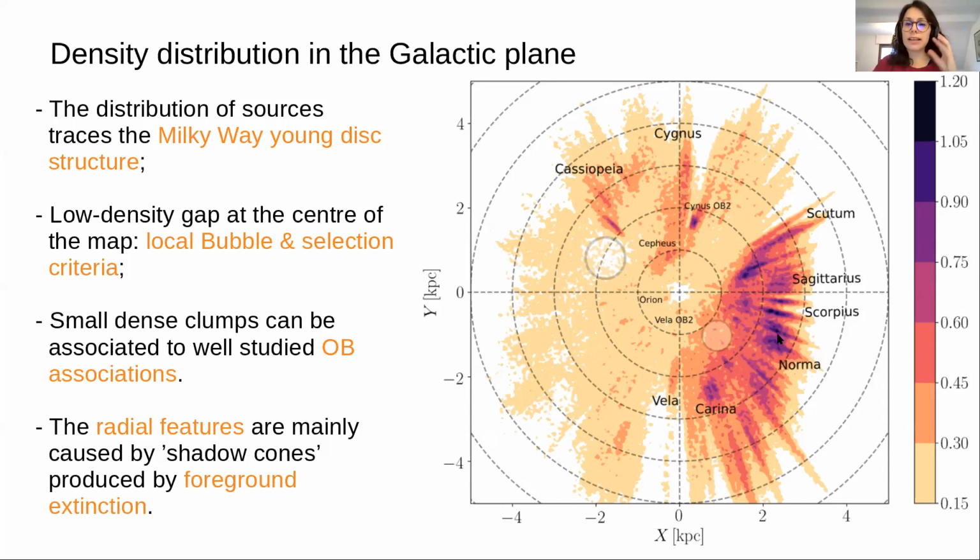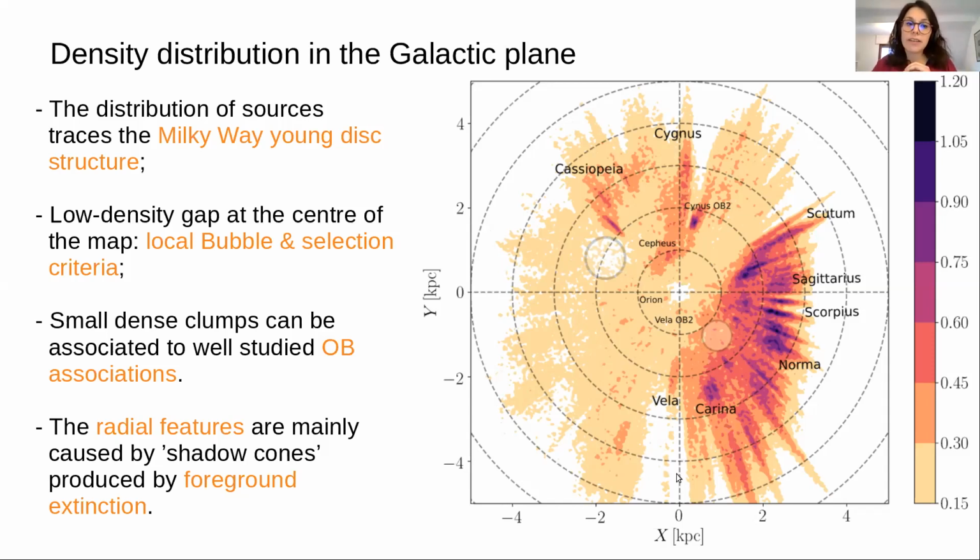But it is not easy, as I said before, to recognize spiral arms in this sort of plot. And further, the density along what one may think is a spiral arm is far from uniform and is characterized by underdensities and overdensities, and also by these gaps that were recognized in other studies.